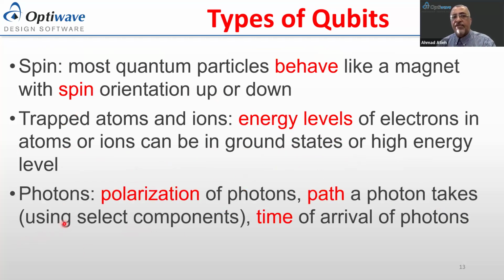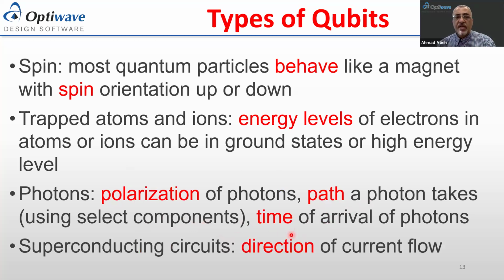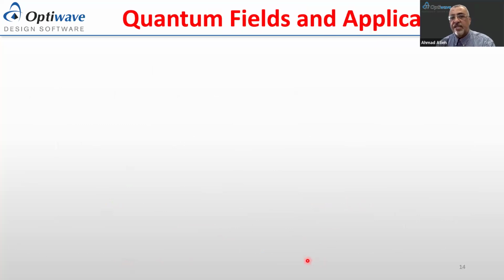Or you can have photons with polarization control, which is mainly used in this analysis in OptiSystem for today's webinar. We're going to concentrate on polarization states. And then you can also control the path the photons can take using some components, or the time of arrivals of photons. There is also superconducting circuits where the direction of current flow will determine these kind of qubits.